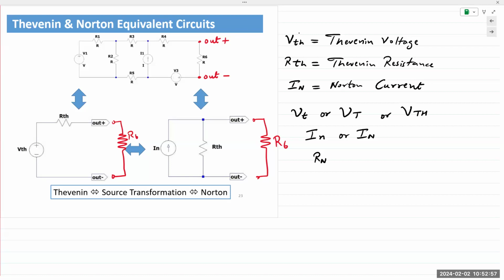So three quantities: current, voltage, and resistance. What comes to mind? Current, voltage, and resistance.